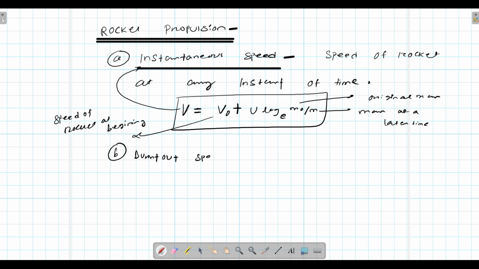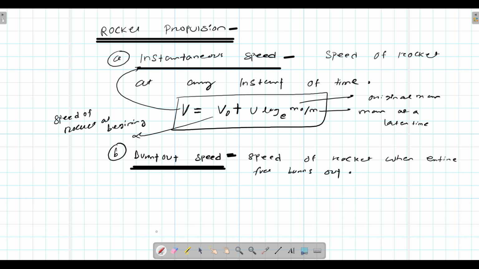Next is burnt out speed. Burnt out speed says that it is the speed of rocket when entire fuel burns out. So Vb equals V0 plus u log M0 by MC.